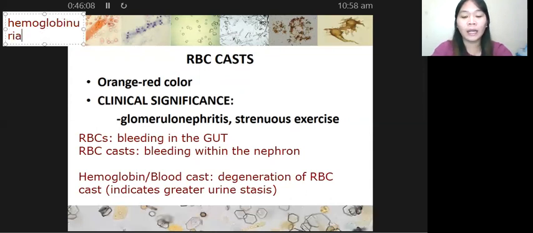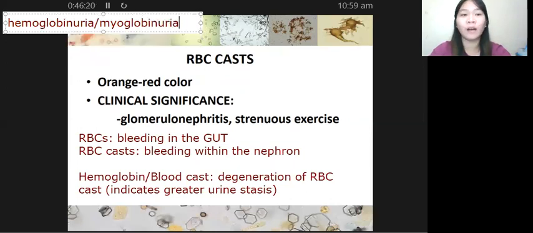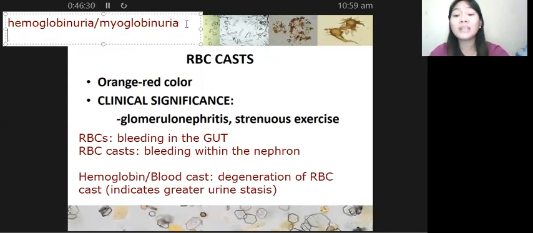Take note that hemoglobinuria and myoglobinuria involve the presence of proteins, in this case hemoglobin and myoglobin, which are toxic to your renal tubules.